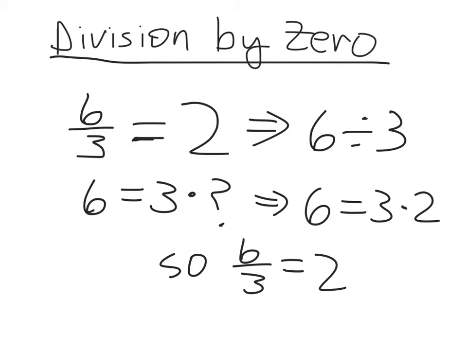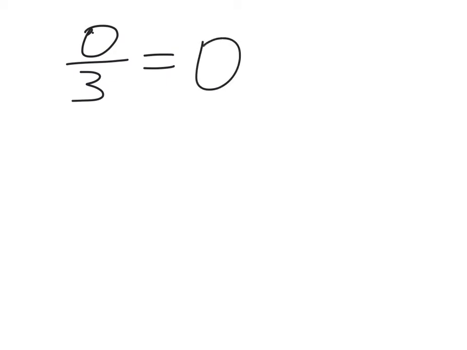Now, let's move into 0 divided by 3. Well, what is 0 divided by 3? Okay, 0 divided by 3 is 0.